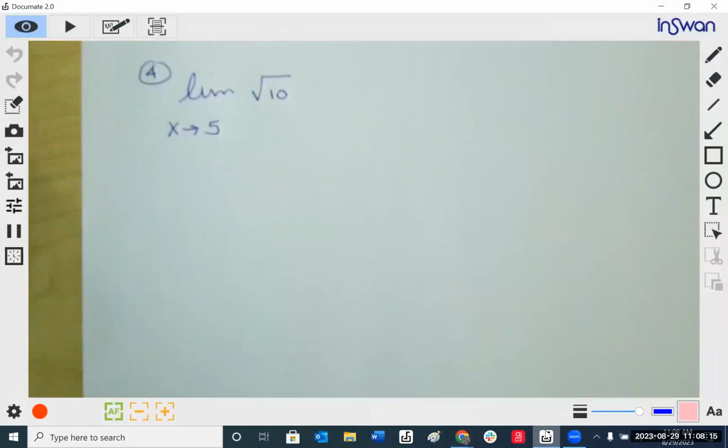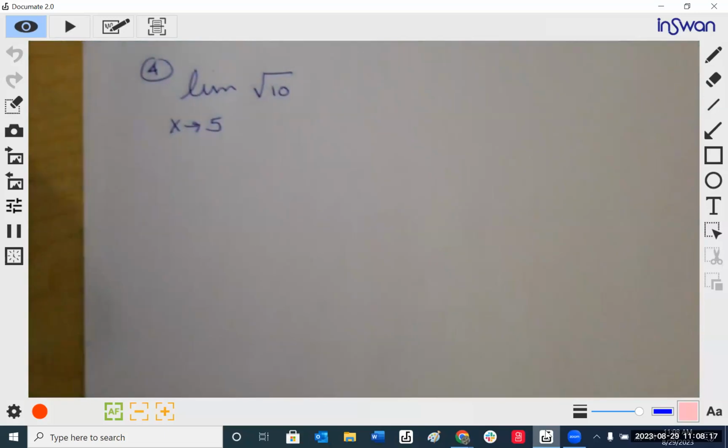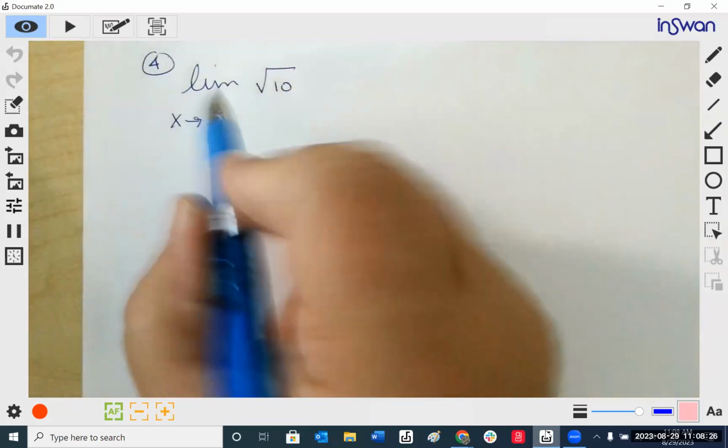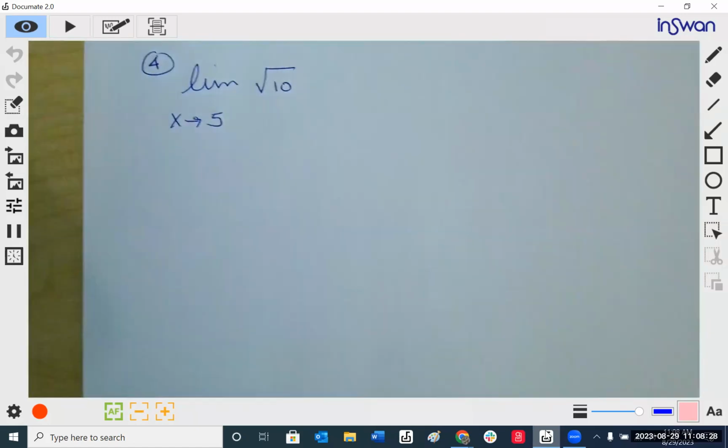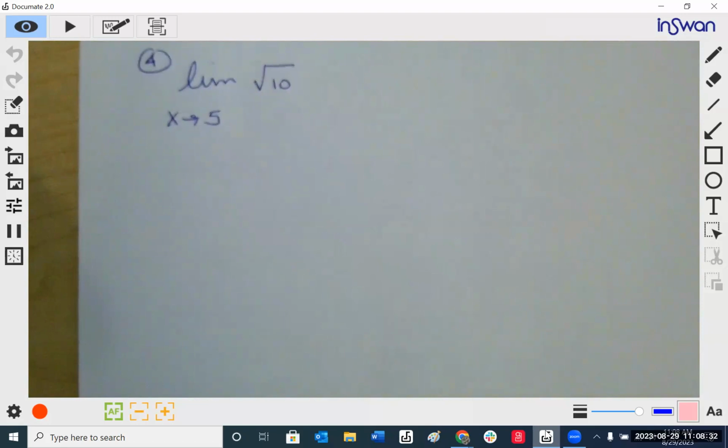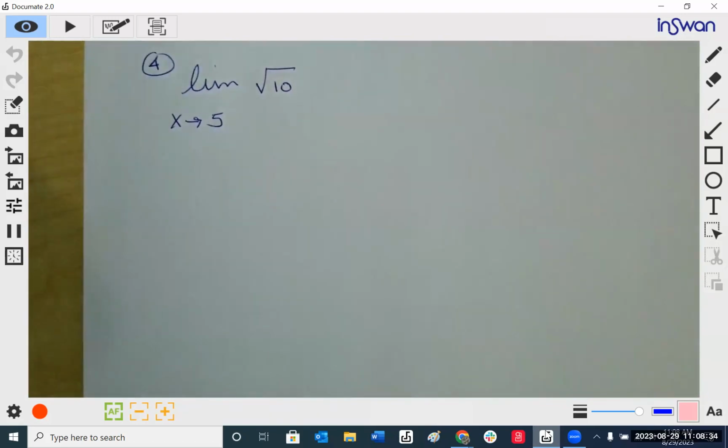So what's the rule about this one? What exactly is a limit? Well, it is a number, but what does a number represent?